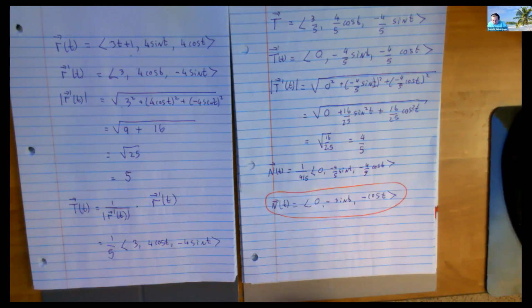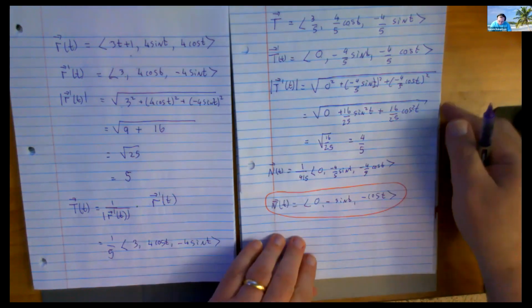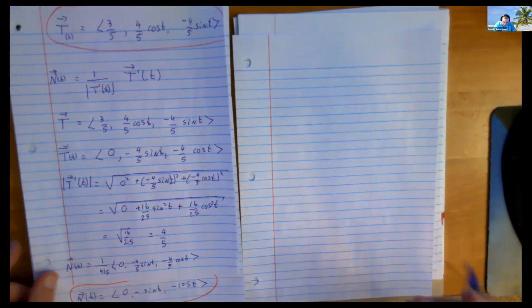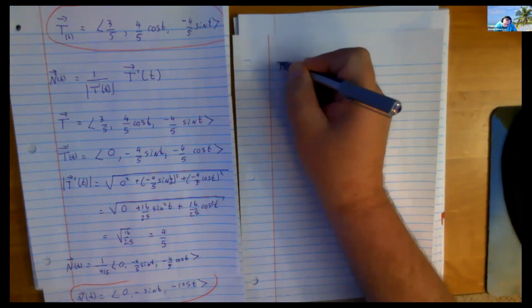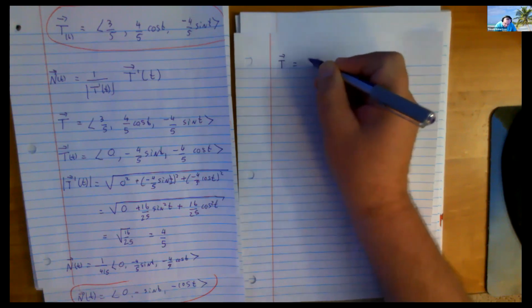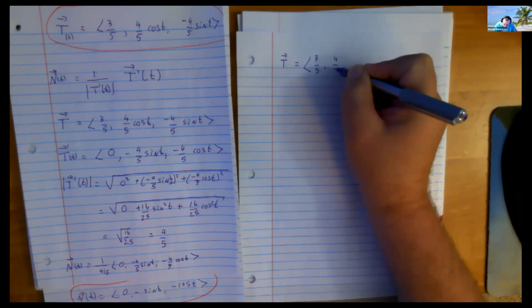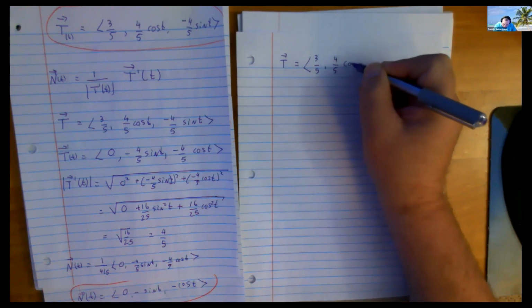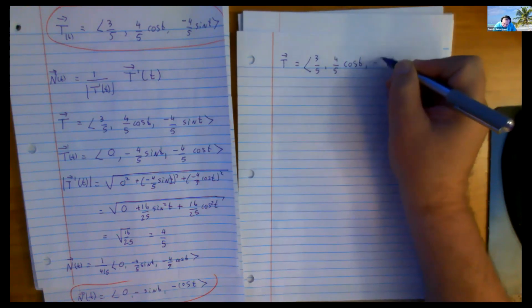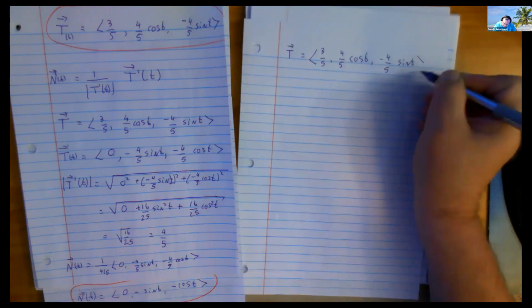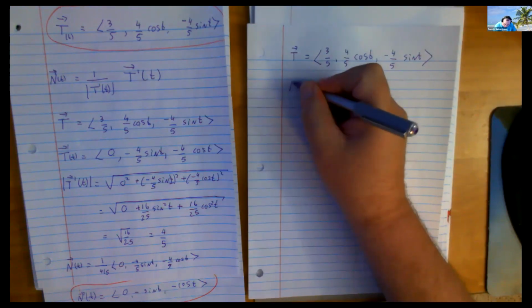So far, so good. Unit tangent, unit normal. So I put the package together. Just so I've got them all in one place, you really don't need to write this down, but I am. This is what we found earlier. The unit normal.